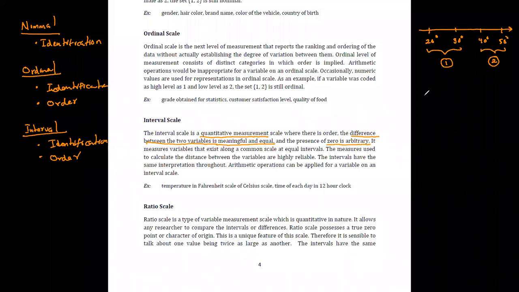Consider an example of measuring temperature on the Celsius scale. If you consider 0 degrees Celsius, you cannot say that there is no temperature. This zero is an arbitrary value.